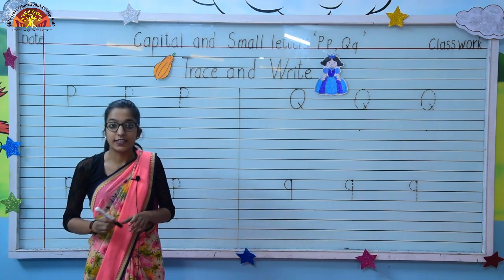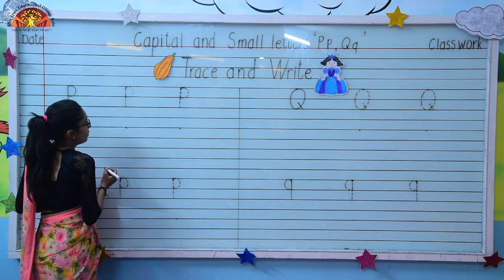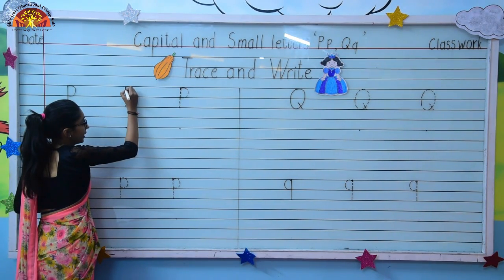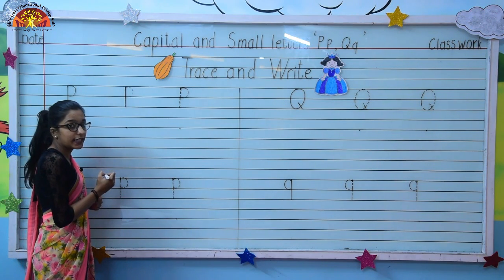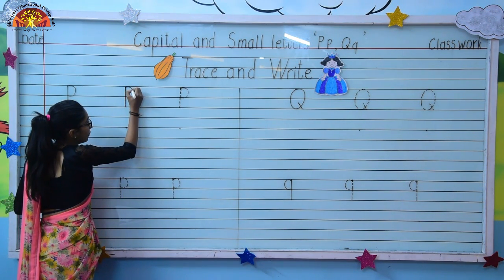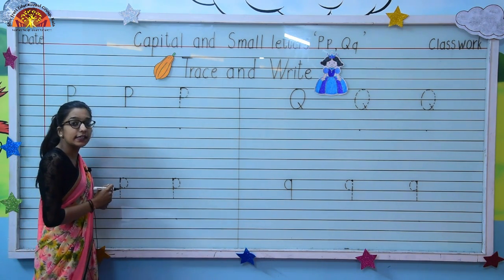Okay, so everyone take out your pencil and hold it properly. So kids, you have to start from the first line, draw one standing line, touch these lines properly, then you have to draw one small curve in between these two lines only.